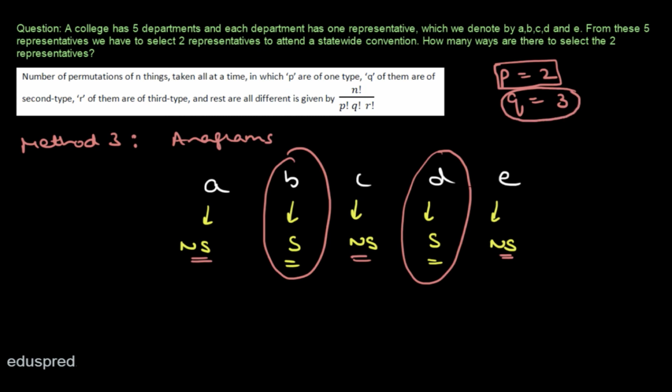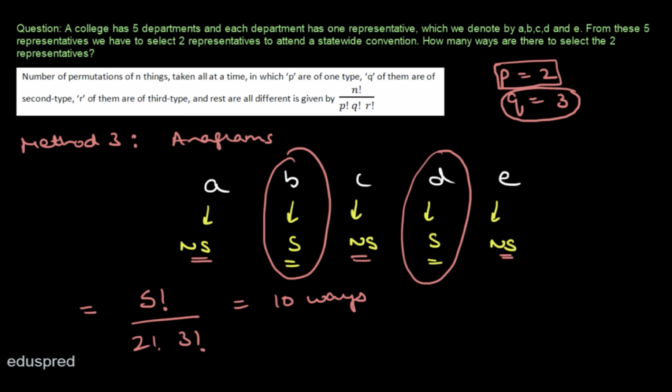And we don't have any third type, so we can skip r. So now according to this formula, the answer is 5 factorial because n is equal to 5, divided by 2 factorial, 3 factorial. And once you solve this, you'll see that this is also equal to 10 ways.